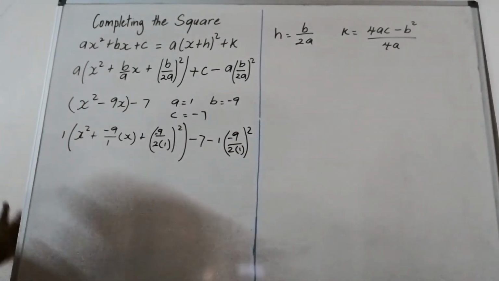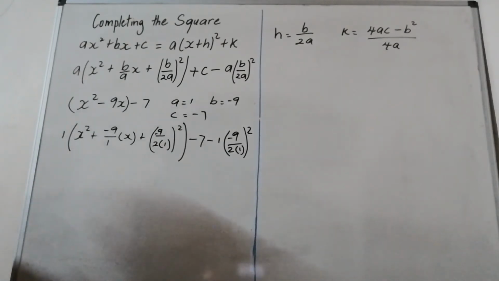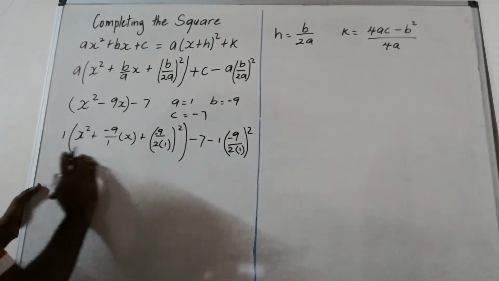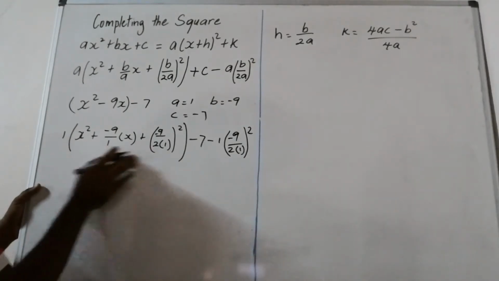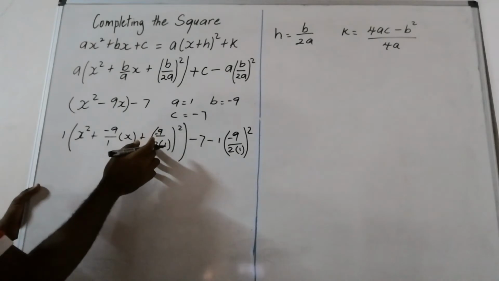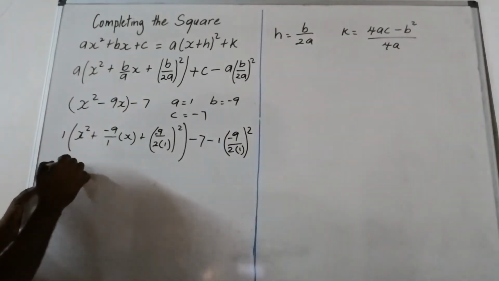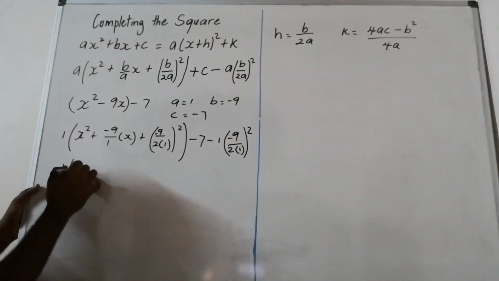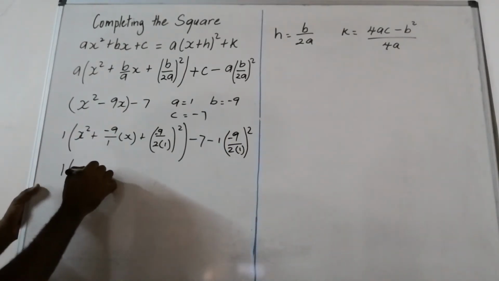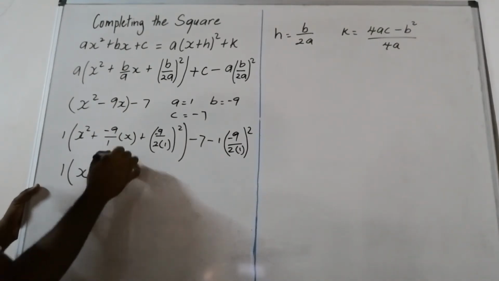All right, now let's work this out. Once we have it in this format, this minus 9 over 2 times 1 becomes our h value. So we have 1 times x minus 9 over 2 all squared.